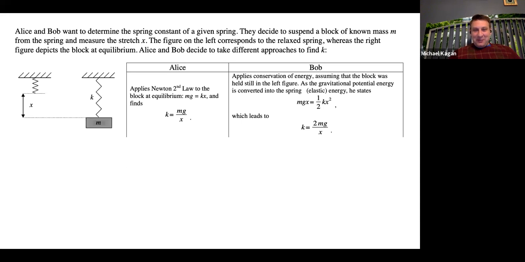Hope that helps. If you guys don't get it in 2 minutes, we'll probably put it on the homework set.